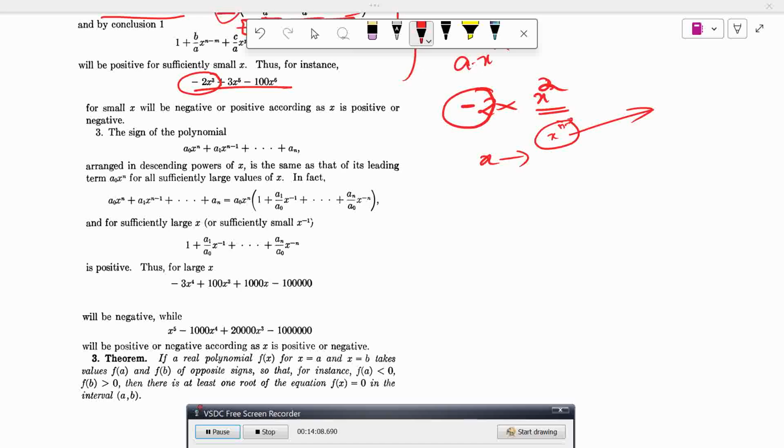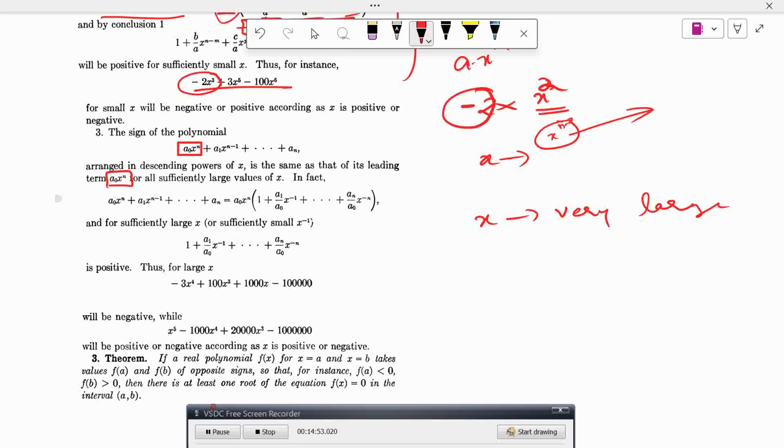Okay. So now the last result. Here we are considering x very large. When x is very large, the sign of the polynomial depends upon the leading term, the highest power of x, x power n. Actually, again same result.